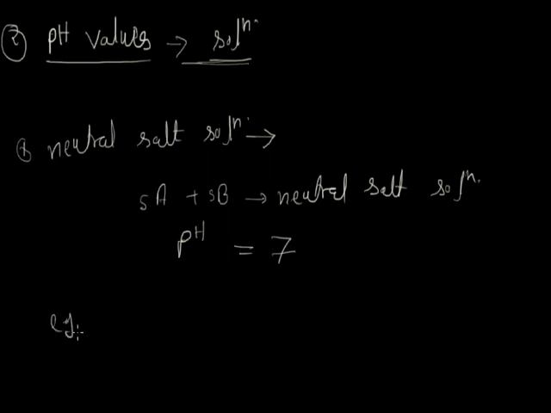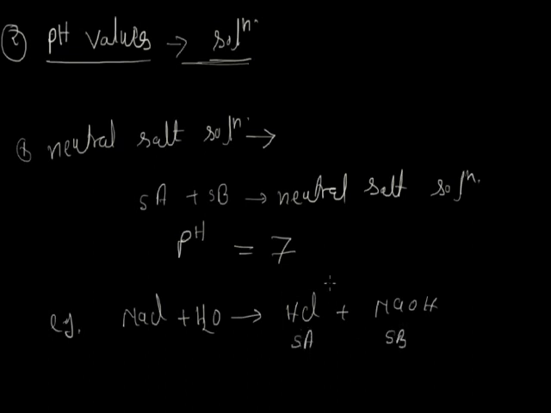For example, NaCl, when dissolved in H2O, gives a strong acid HCl and a strong base sodium hydroxide. Therefore, the resultant solution will be neutral and its pH is 7. There is no effect on litmus in the neutral solution.